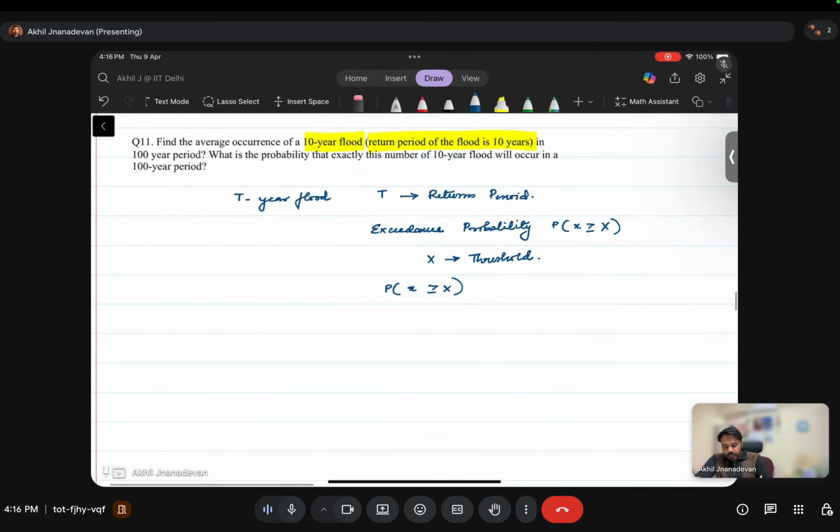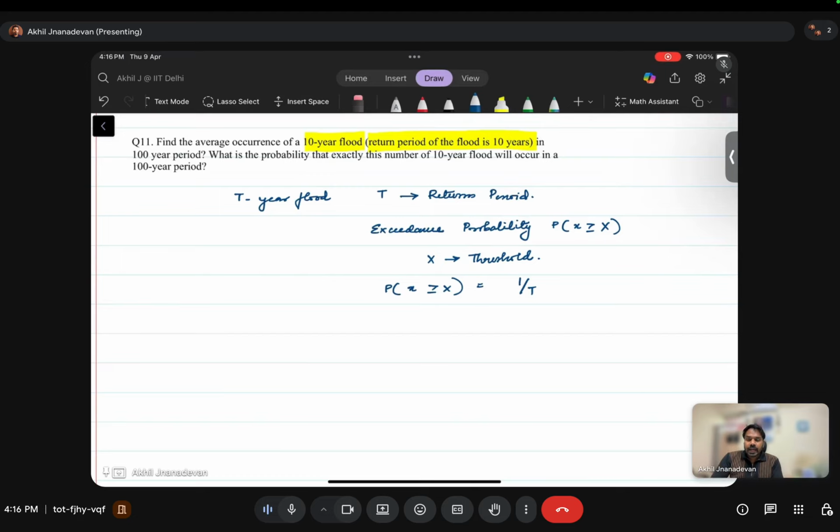So the chance of occurrence is once in 10 years, and this probability we can write as 1 by T. The exceedance probability is the inverse of the return period. A flood having a return period of 10 years means the probability of occurrence is 1 by 10. So the probability that the variable defining the flood exceeds the threshold is 1 by 10, or 1 by T. That is the concept of return period: the recurrence interval, after T years it will repeat.